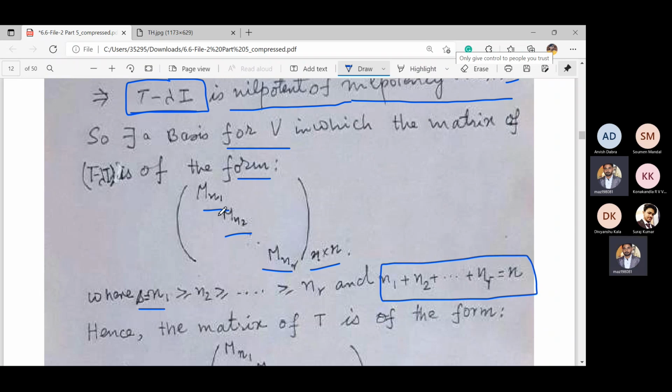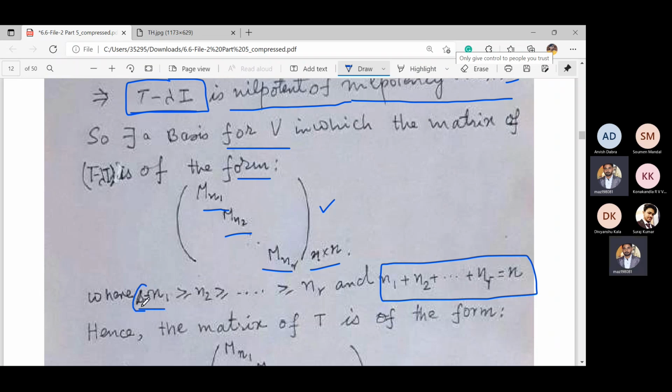Means the whole matrix, because it has only the lambda eigenvalue, and we get T minus lambda I is a nilpotent operator, so its matrix form has this one, and the dimensions of these small block matrices are n1, n2 and nr, and the sum of these must be equal to n, and s is the nilpotency index.